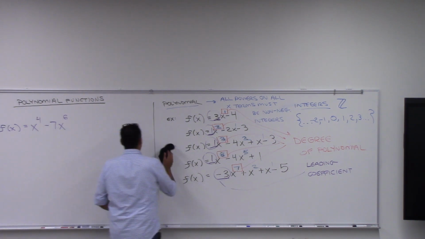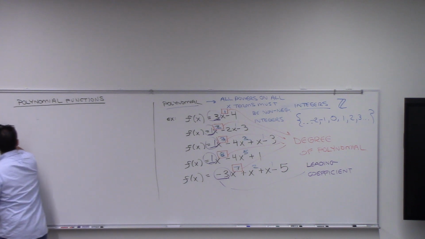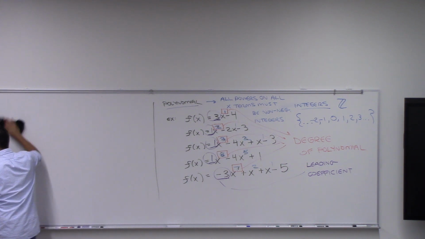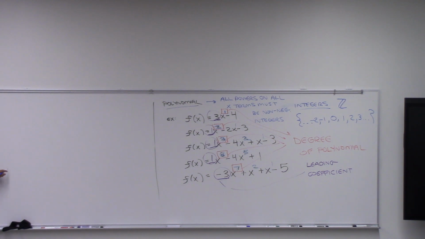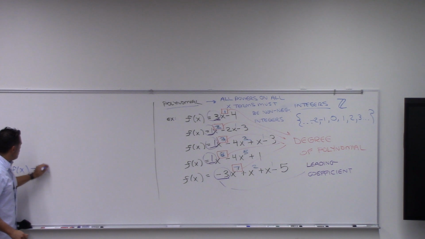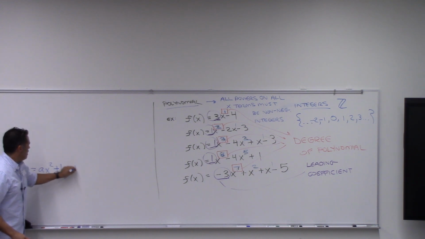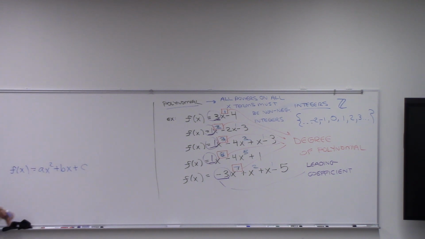All right. I'm going to erase this. So when it comes to polynomial functions, just like we had this a second ago, this was the generic standard form of a quadratic. I'm about to show you the generic standard form of a polynomial function, right?